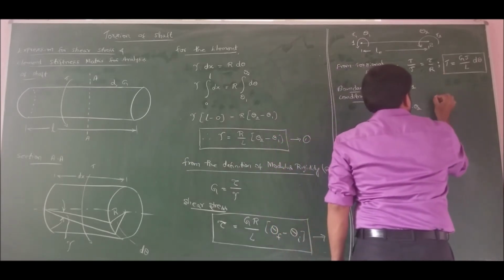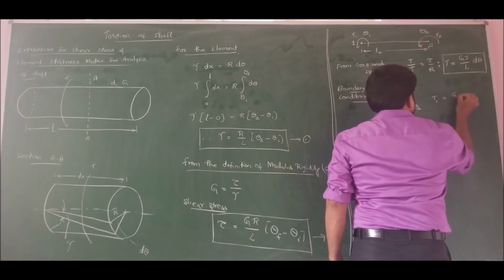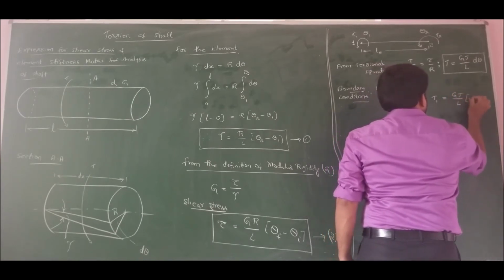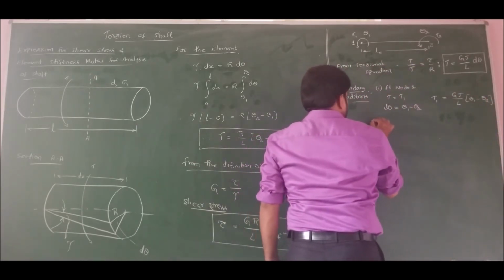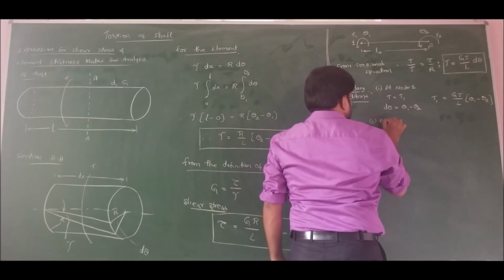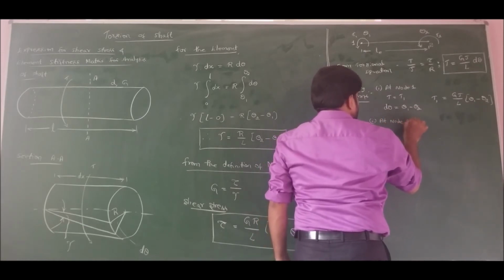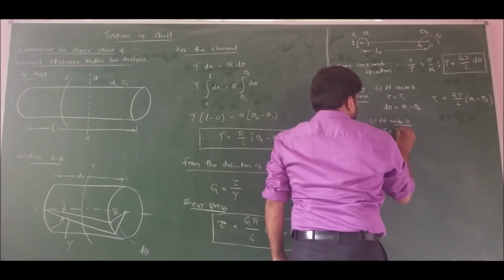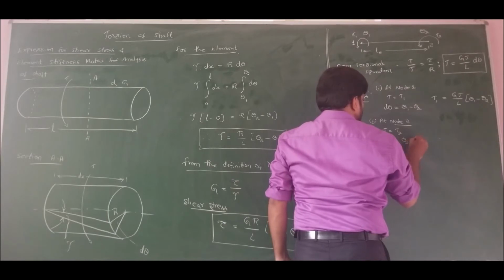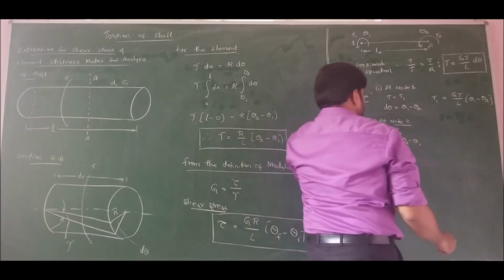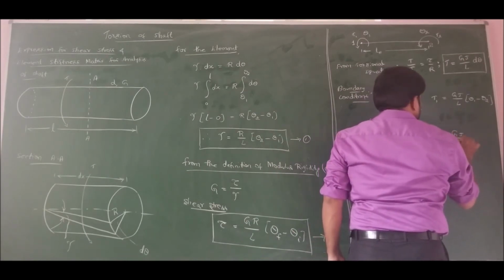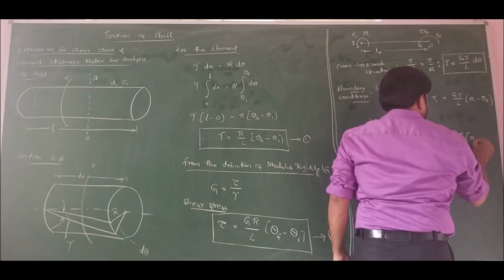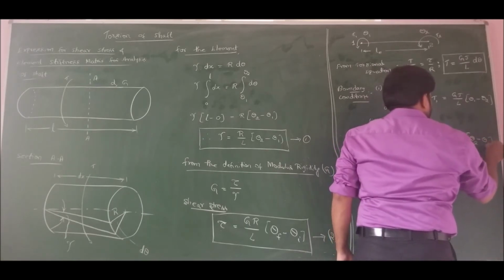Substituting the boundary condition, I will get T1 is equal to G into J by L into theta 1 minus theta 2. Again, at node 2, the boundary condition is axially applied torque T2 and d theta value is theta 2 minus theta 1. If I substitute the boundary condition, I will get T2 as G J by L into theta 2 minus theta 1.